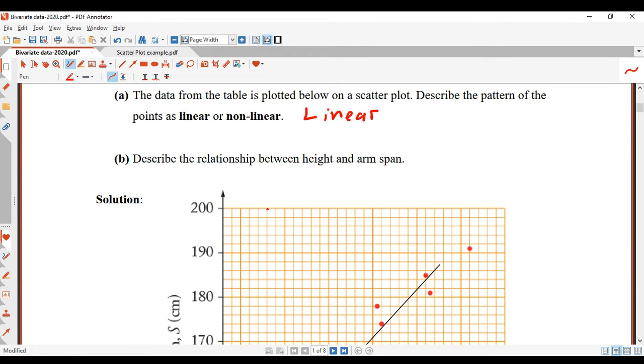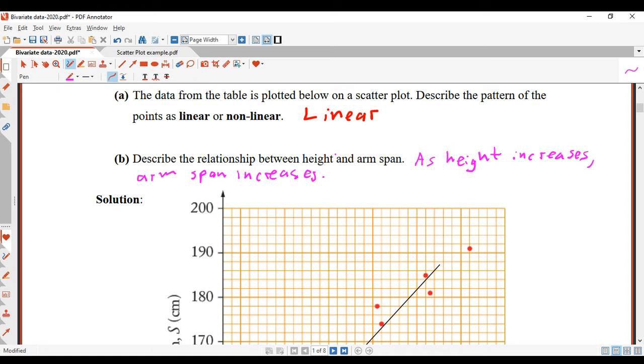So for our answer here, let's just change the thickness to a little bit thinner. Okay, so we'd say as height increases, and then we'd say arm span increases.